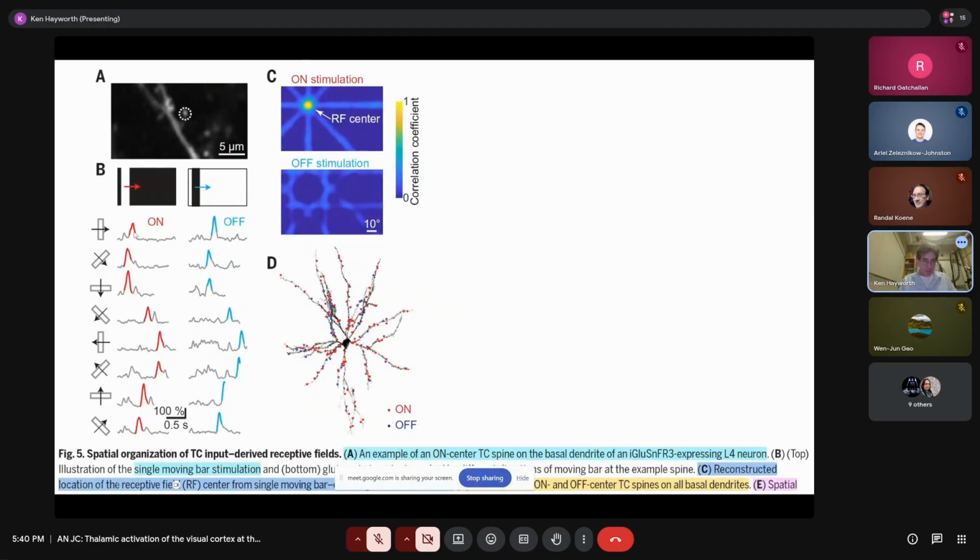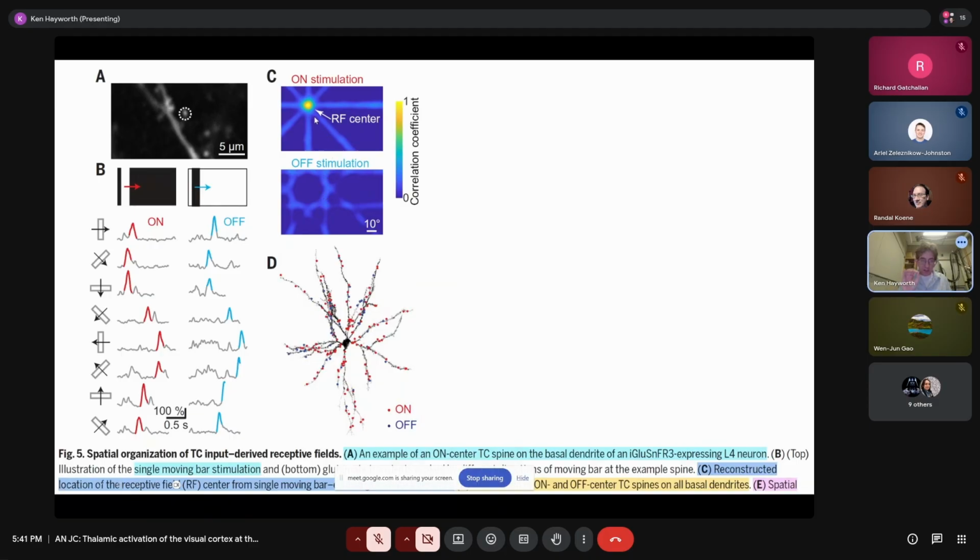And by combining the responses of, let's say, this particular spine that's getting an input from the LGN, they can notice that the receptive field center of that LGN cell that's presynaptic here is right there in visual space. And the off surround is around that.